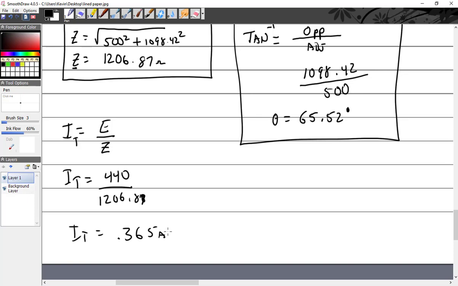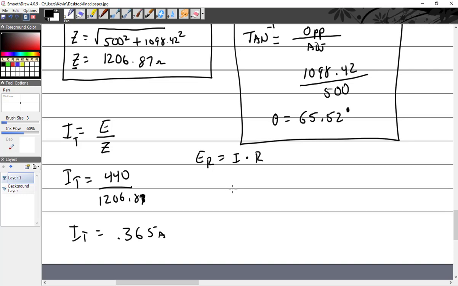Now how about we solve for E of R, E of L, and E of C? E of R equals, what do you suppose that's going to be? I times R. Okay, I times R. That's crazy. I didn't remember that.